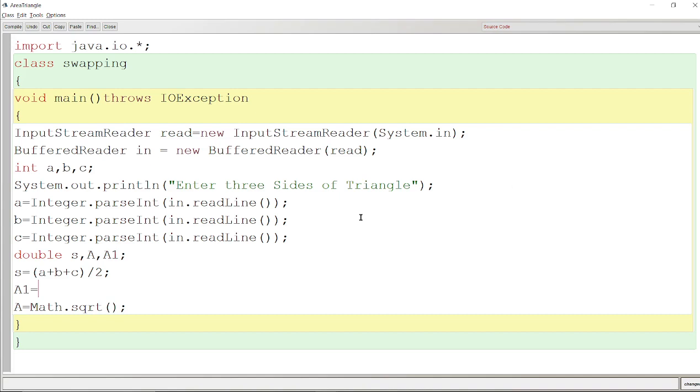So here, what I am getting is s multiplied by s minus a, then multiply it by s minus b, right inside the bracket. Otherwise, it will multiply this expression with s, and then it will subtract that one, because of the hierarchy, and s minus c.